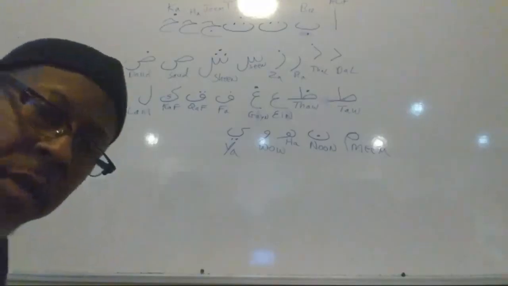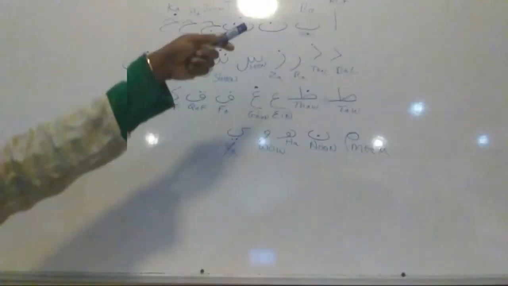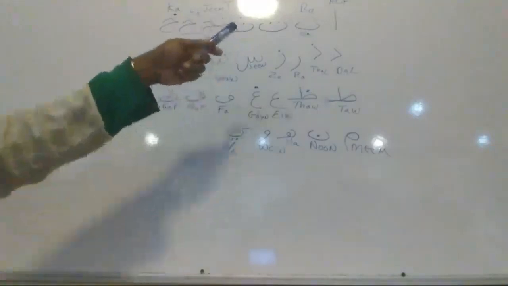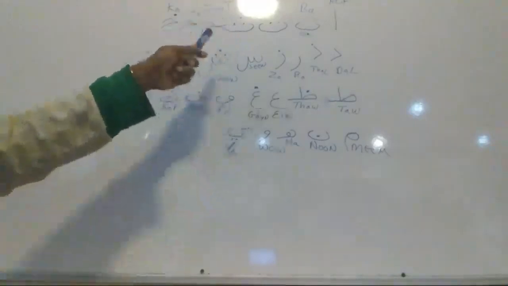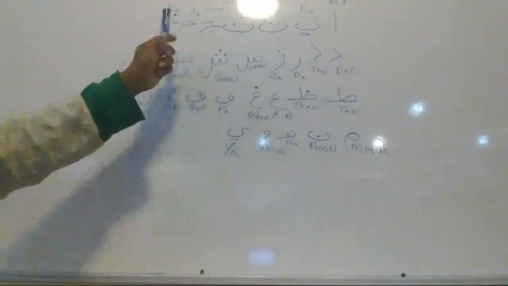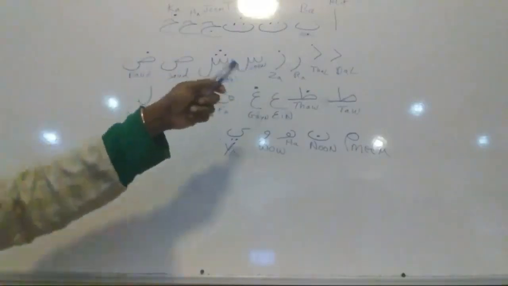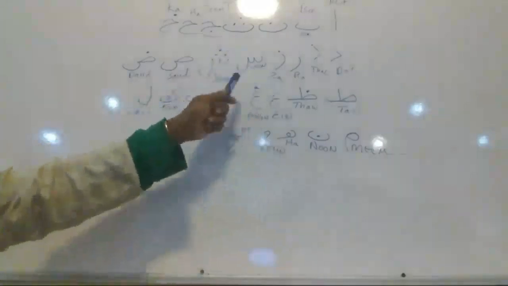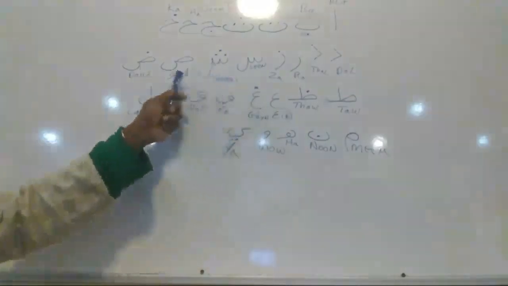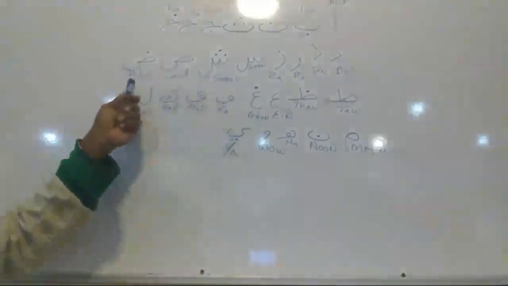Can the people on YouTube see the letters from there? Okay, so let's practice. Alif, ba, ta, tha, jim, ha, kha. Dal, thal, ra, za, sin, sheen, sod, dod.